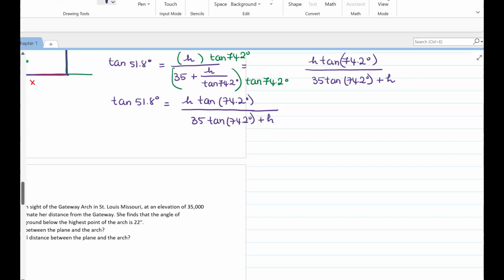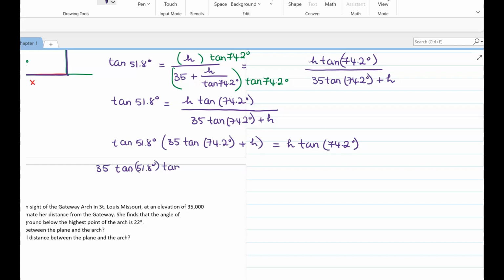And I will do this as follows. Distribute. Subtract both sides.